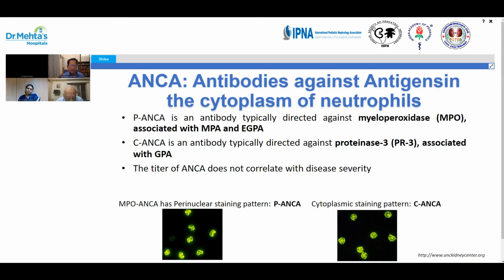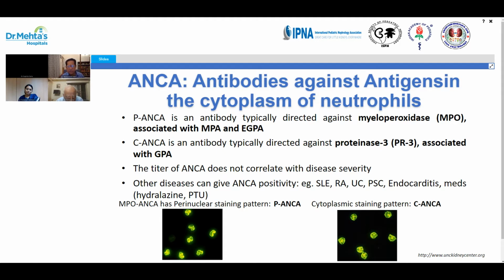The titer of ANCA does not correlate with disease activity. On the left side there is perinuclear staining, and on the right side there is cytoplasmic staining. Some other diseases can give ANCA positivity, like lupus, rheumatoid arthritis, ulcerative colitis, endocarditis, and some drugs like hydralazine.